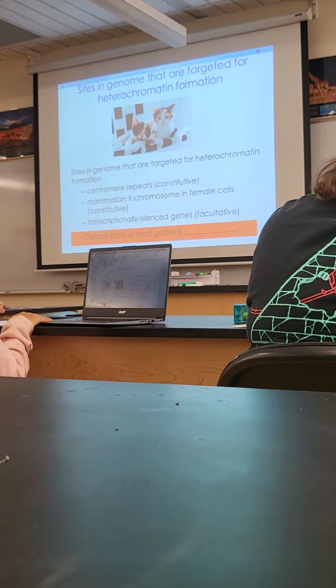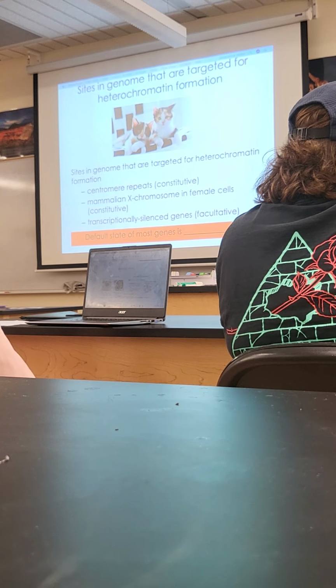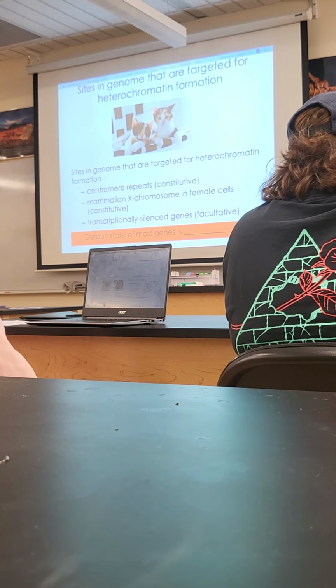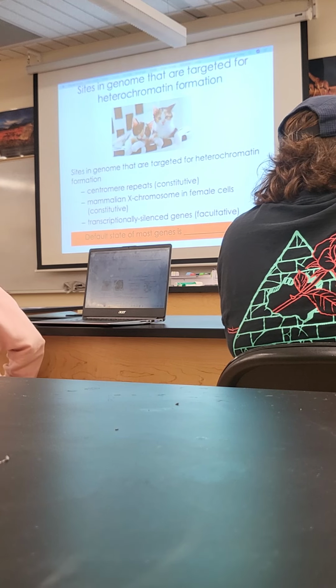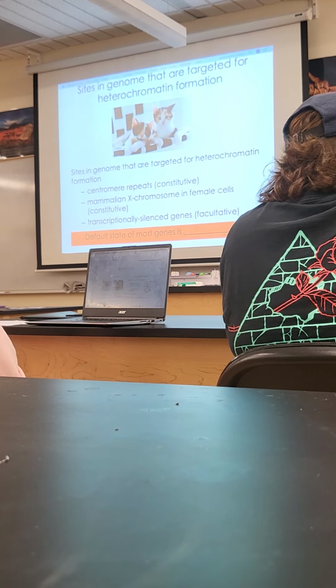The orange and black color is found on the X chromosome. During development, they randomly turned off either one or the other, and all the cells that came from that original cell would keep the same pattern. That's how you get orange and black patches on a calico cat. So that's constitutive. It'll be turned off forever in that female.